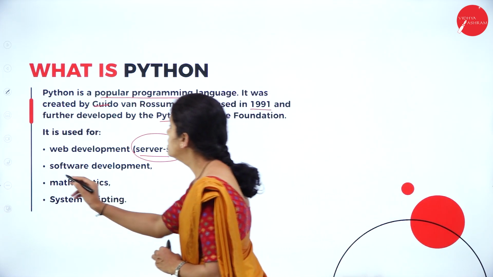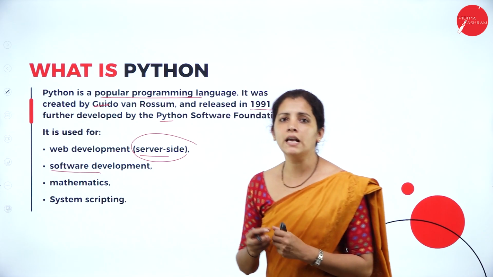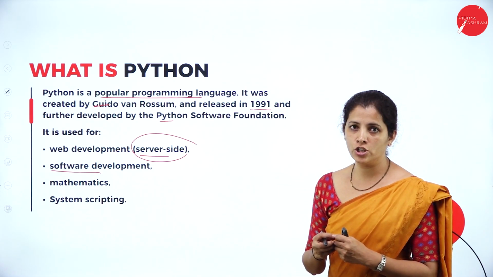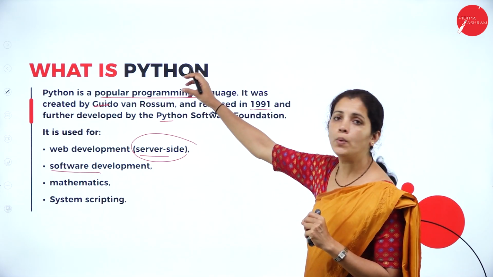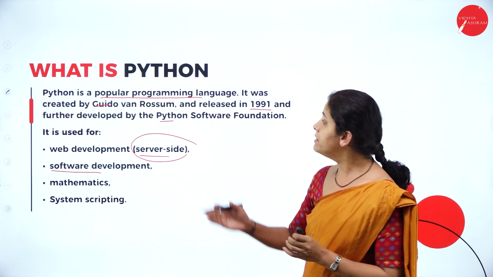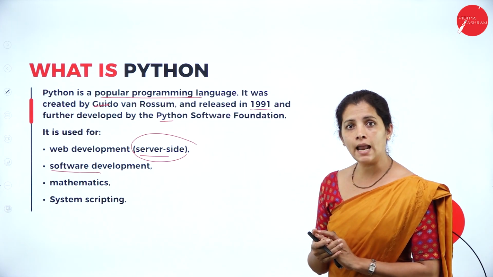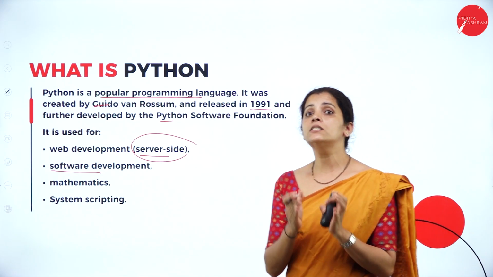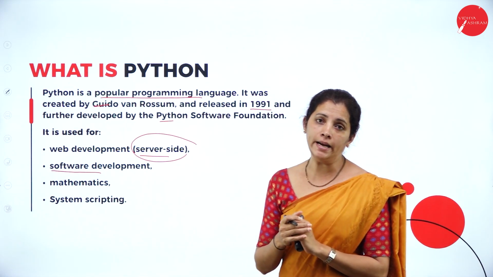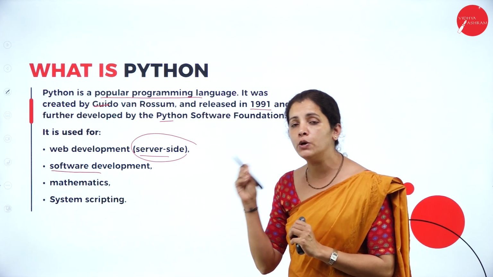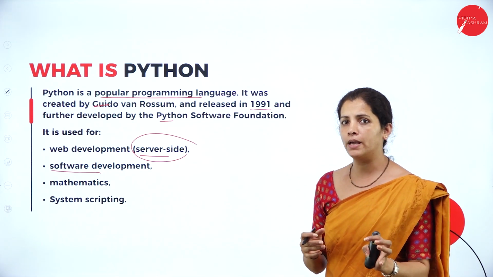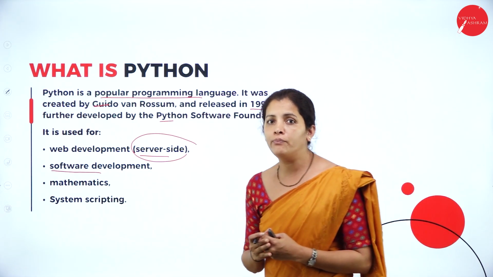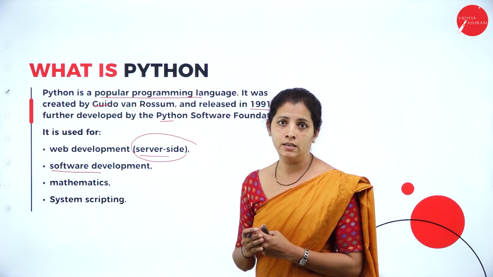And see here, if I want to develop any kind of software applications, once again, I will go with Python. Why will I go with the Python programming language? Because it is platform independent or platform neutral. Then what is the meaning of platform independent?